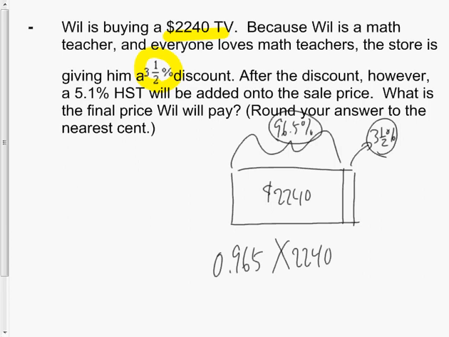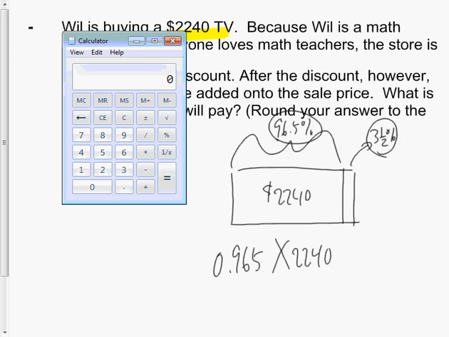So after the discount is given, if I take my calculator, 96.5% of the $2,240 TV, all I'm paying for after my teacher discount is $2,161.60.